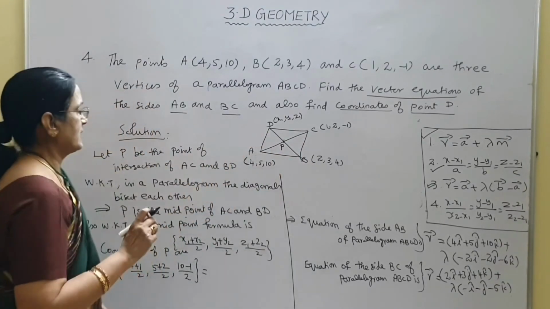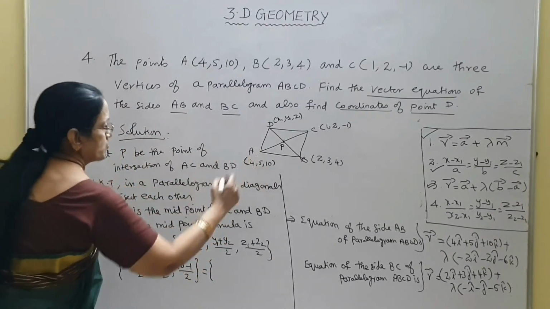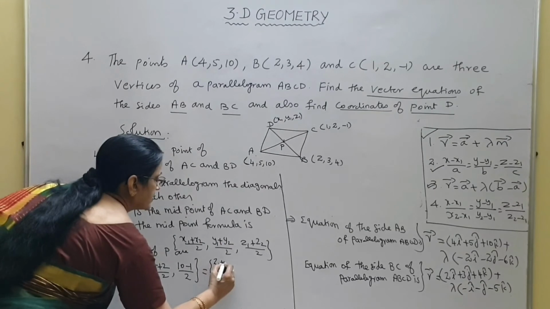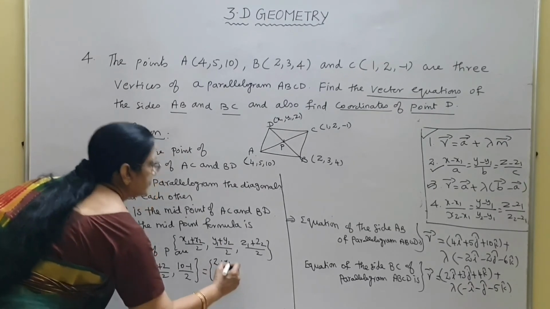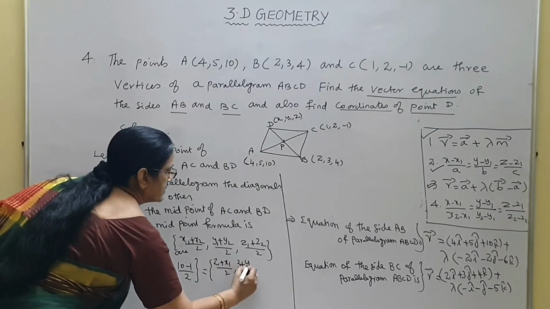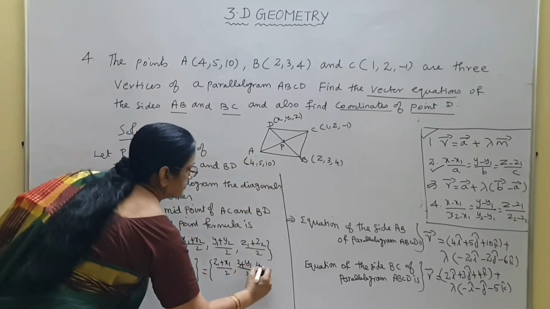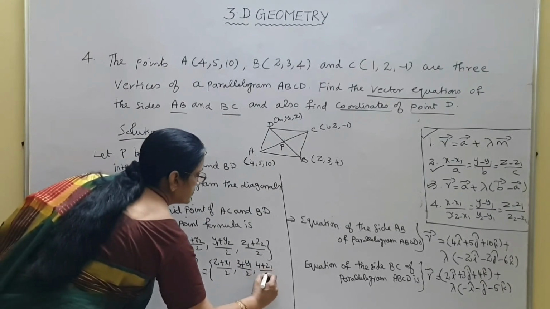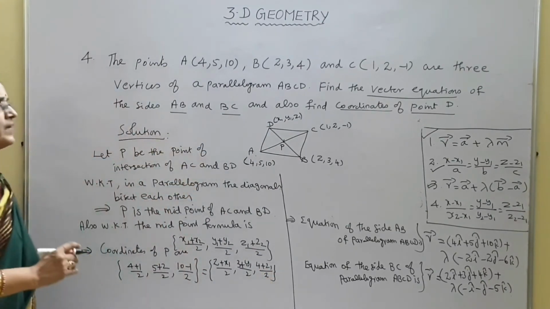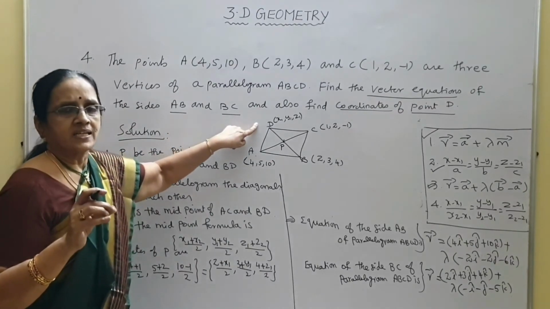So, what will you be getting? (2 plus x1) by 2, (3 plus y1) by 2, (4 plus z1) by 2. Where x1, y1, z1 are the coordinates of the point D.